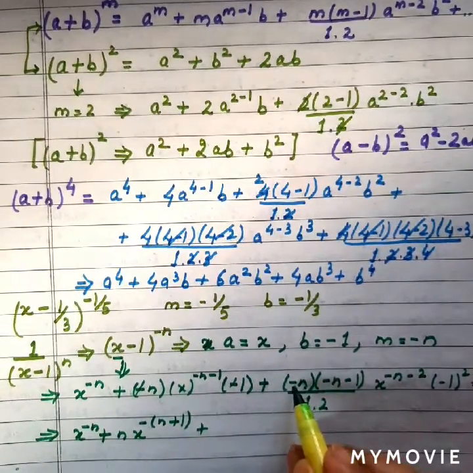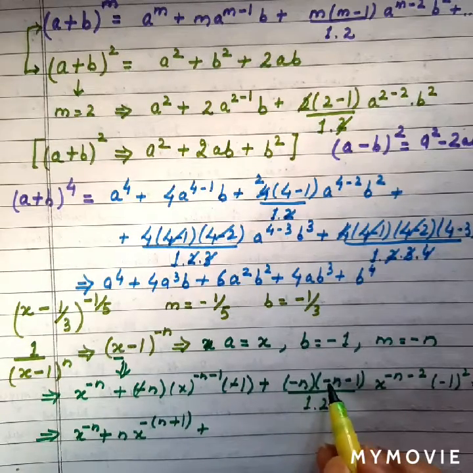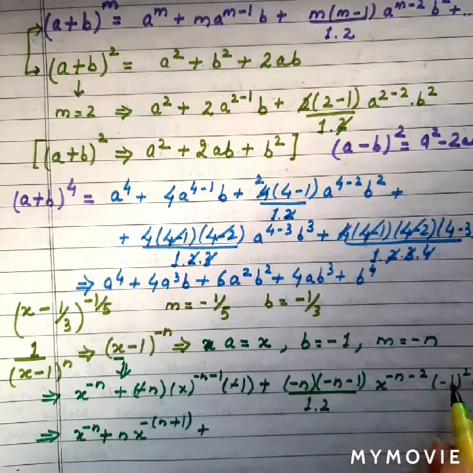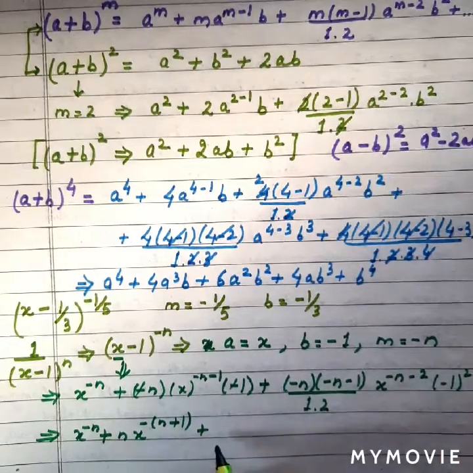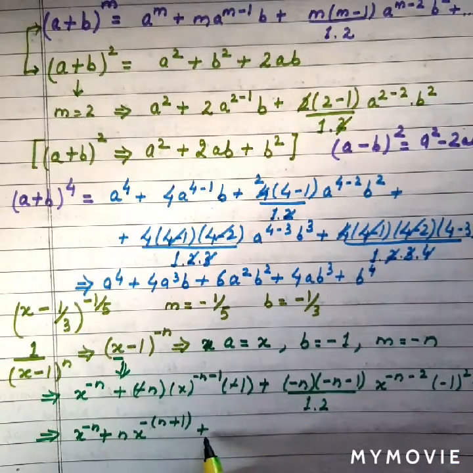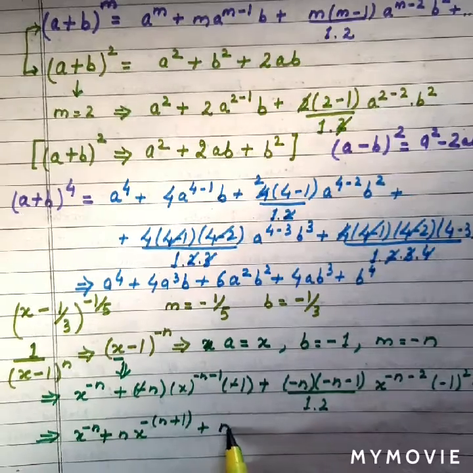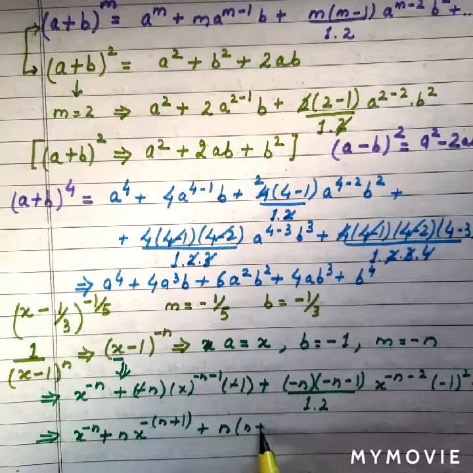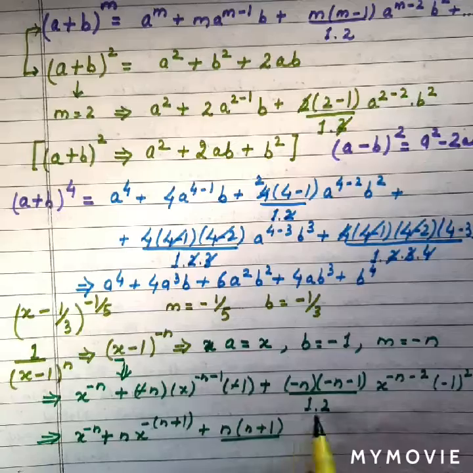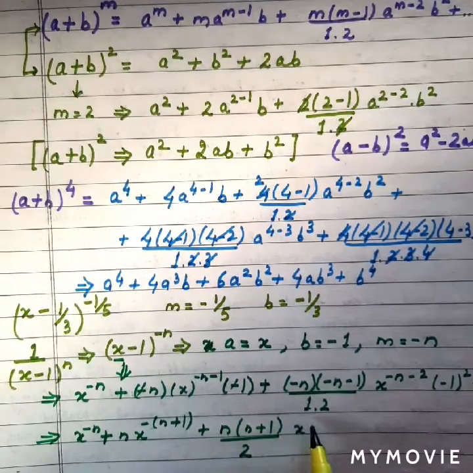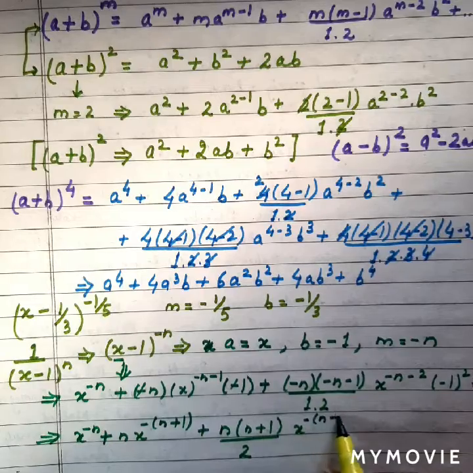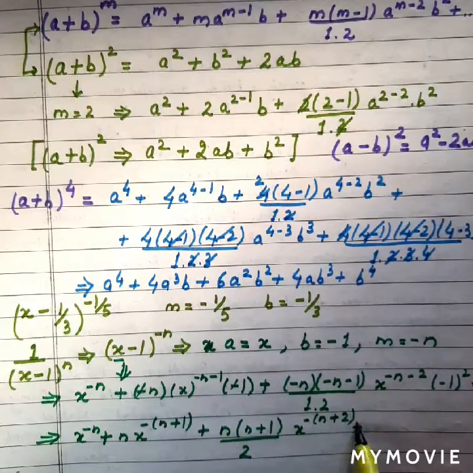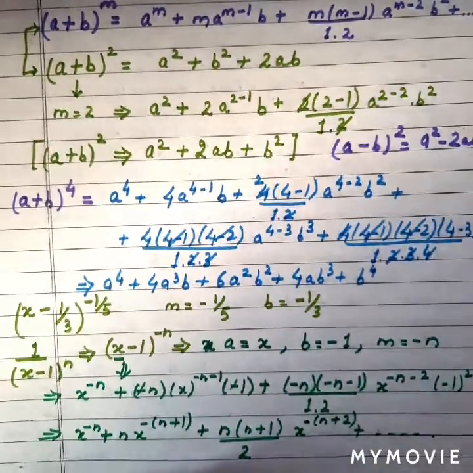Here minus will be taken out common, and minus plus, and this minus 1 square will also be plus, so we would have a positive sign there, and n plus 1 divided by 2. Here x raised to power minus, going to take out common, n plus 2, and then so on, right?